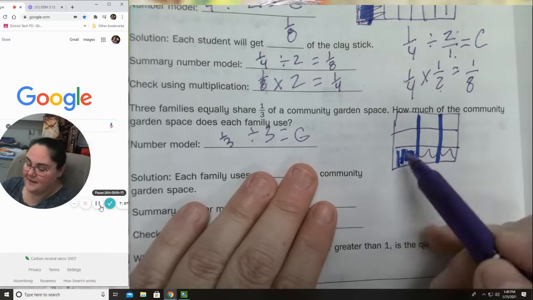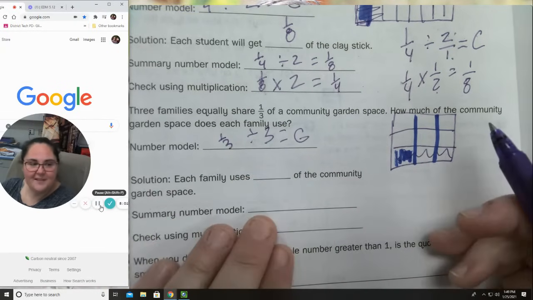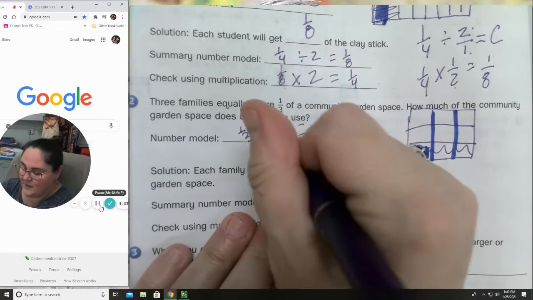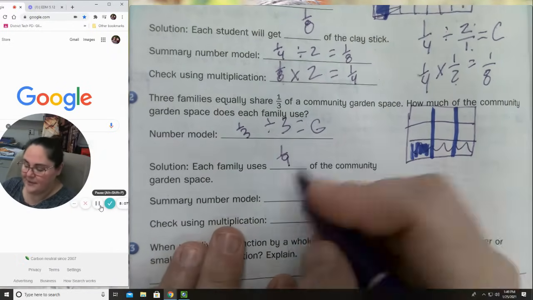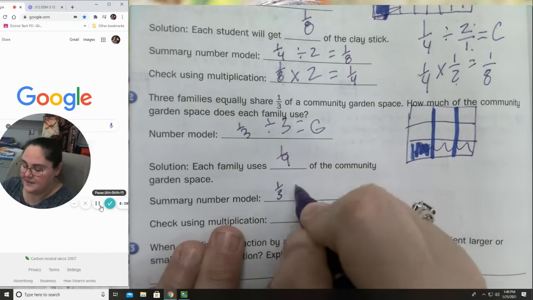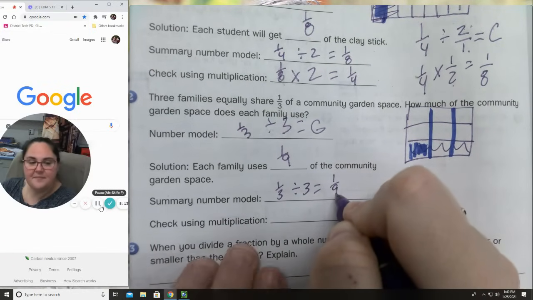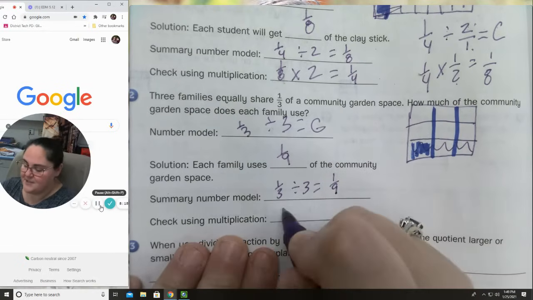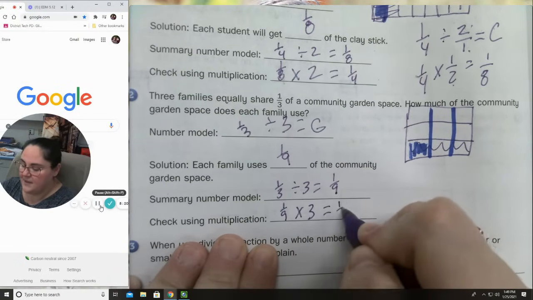So each family gets 1 out of the total 9. All right, each family gets 1/9 of the garden space. My summary number model, 1/3 divided by 3 equals 1/9. My multiplication number sentence, 1/9 times 3 equals 1/3.